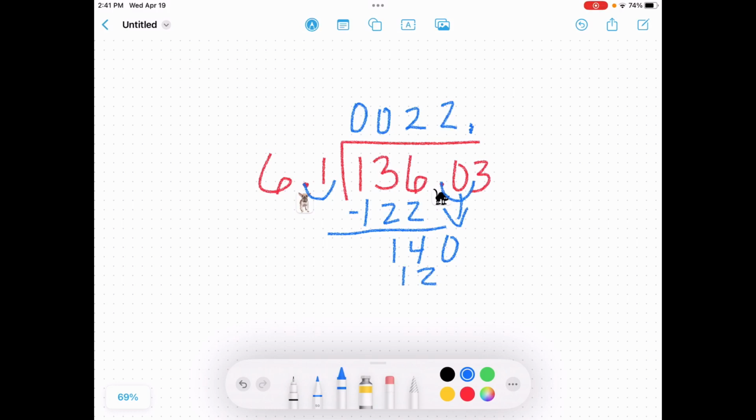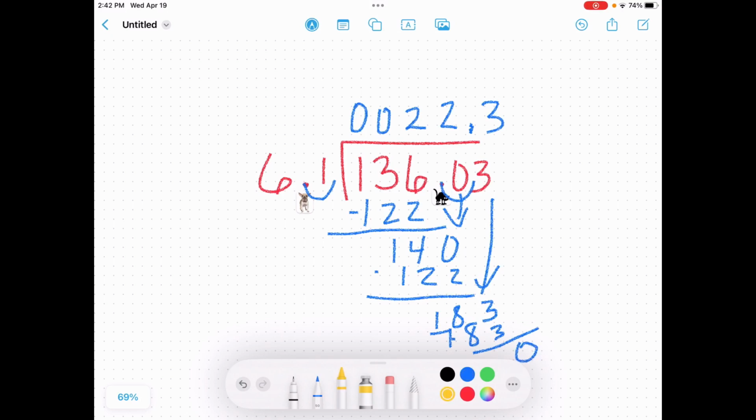That's 122. Subtract, I'm left with 18. Bring down my next digit, and I'm left with 183. 61 goes into 183 3 times, and 3 times 61 is 183. So when I subtract that away, I'm left with a remainder of 0, leaving my quotient as 22 3/10.